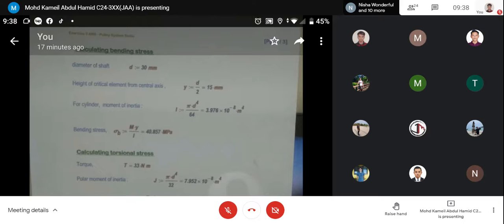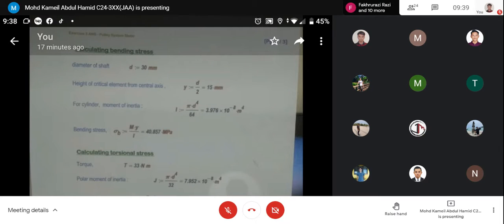It is My over I, or 32M over pi d cubed. The important thing is that you use the maximum M value, which was 108.3.